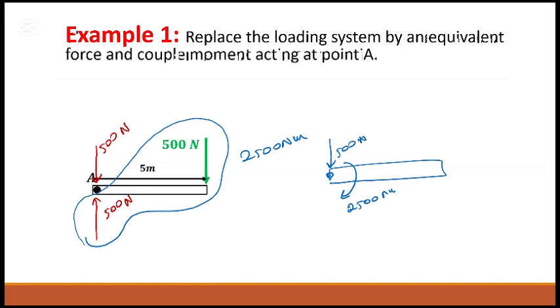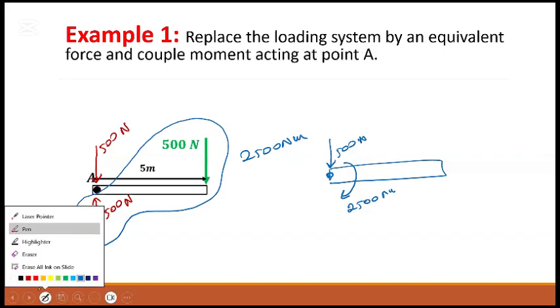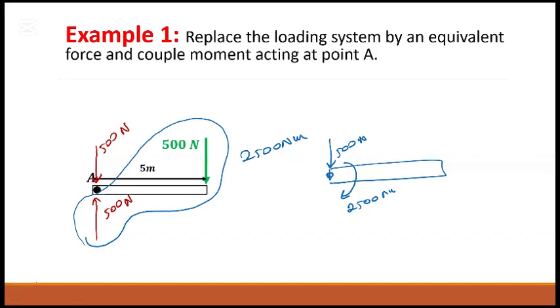Can I do that? I can. Why is that? A couple moment doesn't matter where it is acting. It creates the same moment about any point. Okay. It's okay to make this a couple moment.